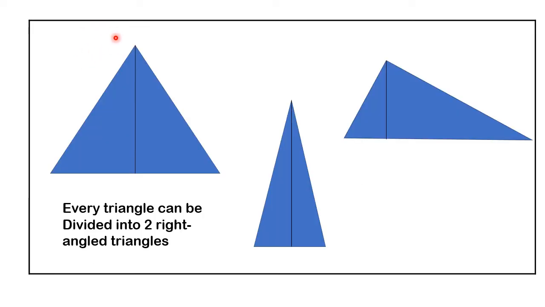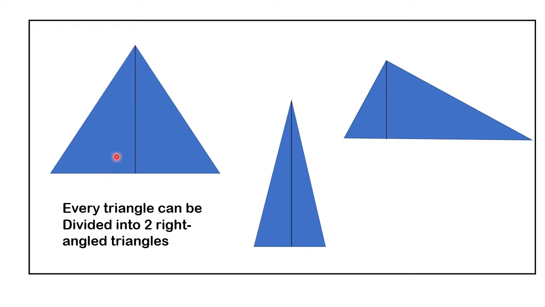Do you remember drawing a perpendicular or an altitude from a vertex to the opposite side of a triangle, as you can see here, right? So this is the 90-degree angle here, this is 90 degrees, and this is 90 degrees here. So what does it say? No matter whatever shape or size the triangle is, each and every triangle can be divided into two right angle triangles.